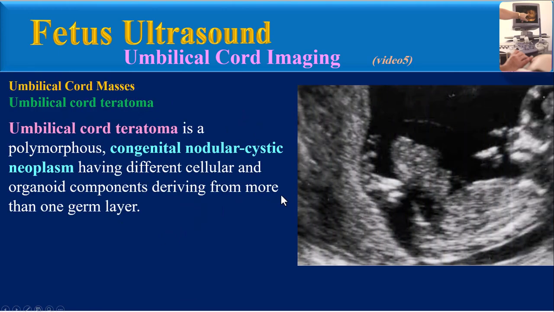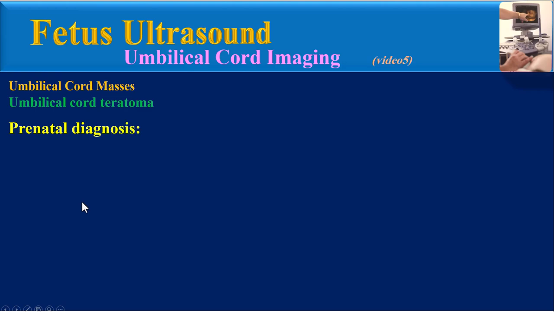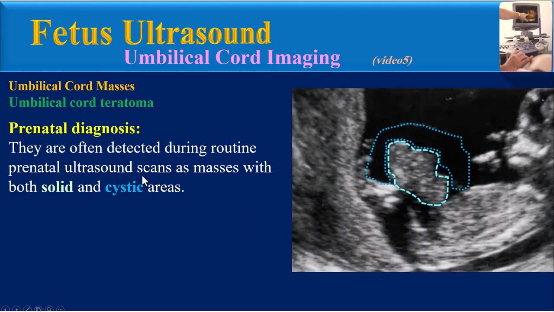Umbilical cord teratoma is a polymorphous congenital nodular cystic neoplasm having different cellular and organoid components deriving from more than one germ layer. Umbilical cord teratoma is uncommon, only reported as case reports. Prenatal diagnosis: they are often detected during routine prenatal ultrasound scans as masses with both solid and cystic areas.